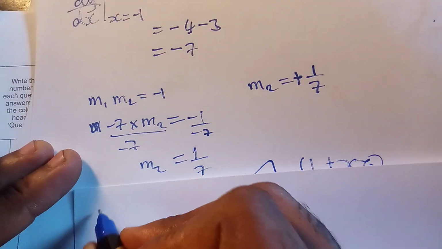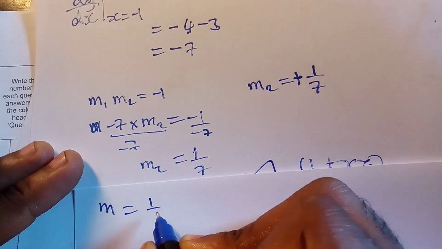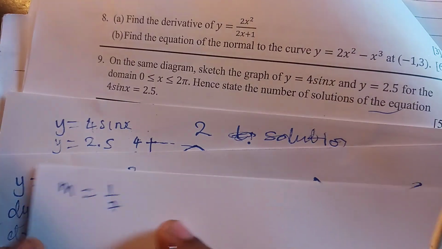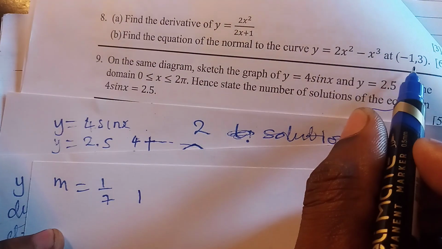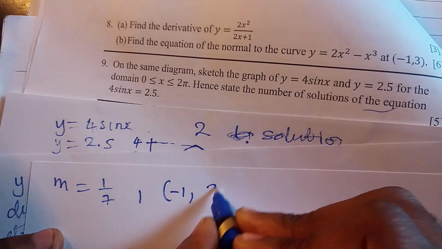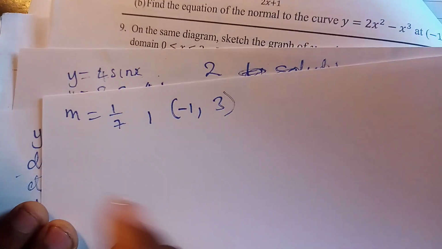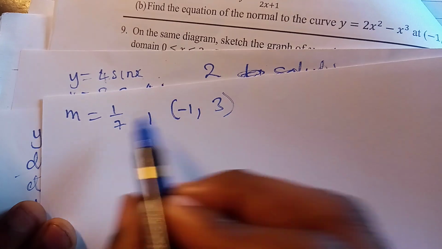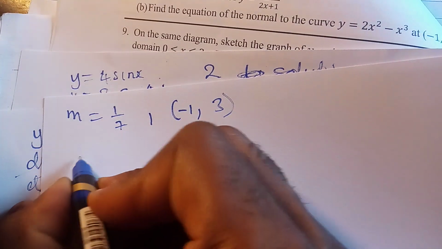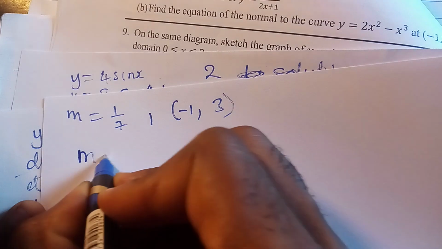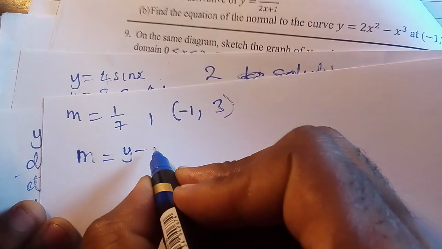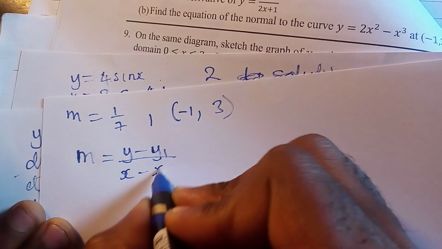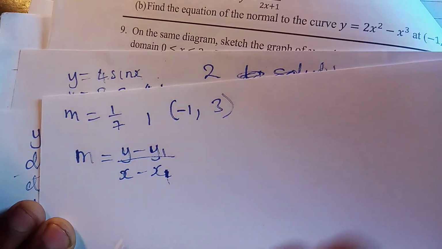So now to find the equation, you already have the gradient as 1/7, and then in the equation we have a point, this one here, which is -1, 3. So to find the equation of the line with these properties, passing through this point and has this gradient, you can simply use my favorite method, the gradient method, y minus y1 over x minus x1.